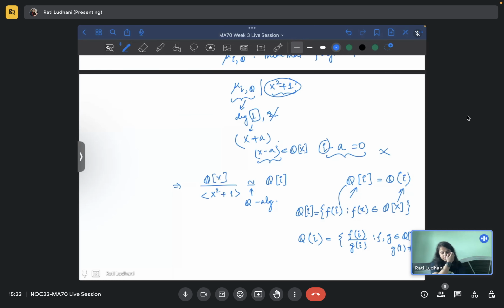So basically it says you have all of this kind, f(i) by g(i), all the rational expressions, not polynomials.